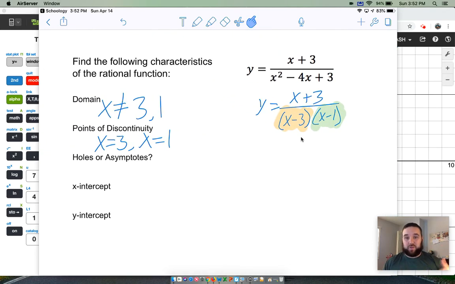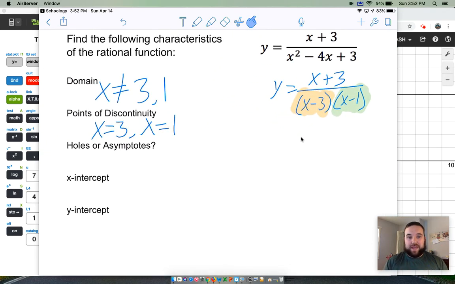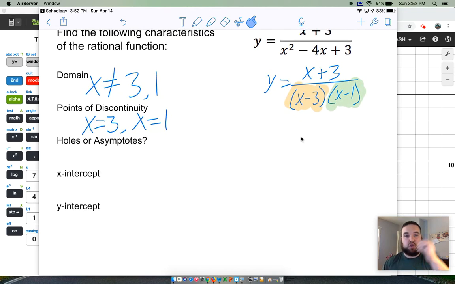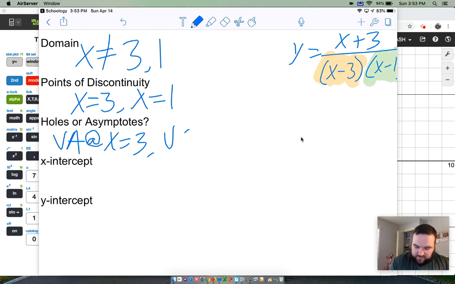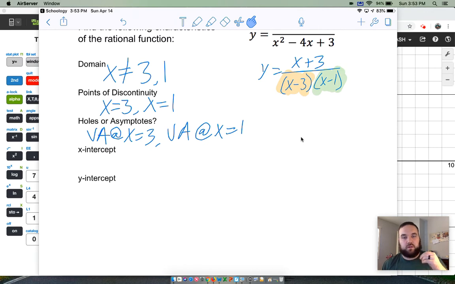Since neither one of those will cancel out, what I have here is two vertical asymptotes. Okay, so I would say there's a vertical asymptote at x equals 3 and a vertical asymptote at x equals 1. So both of those x values are things that I can't remove, and they are inputs that will create a line that we can't cross.